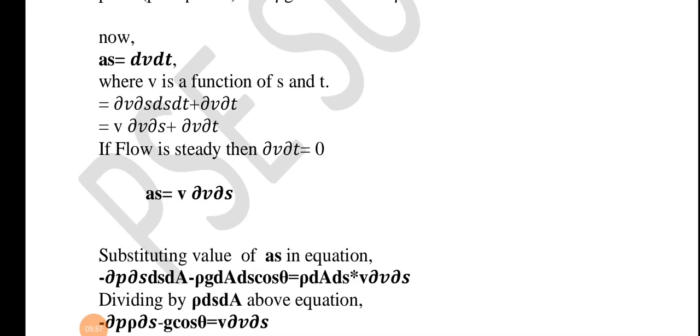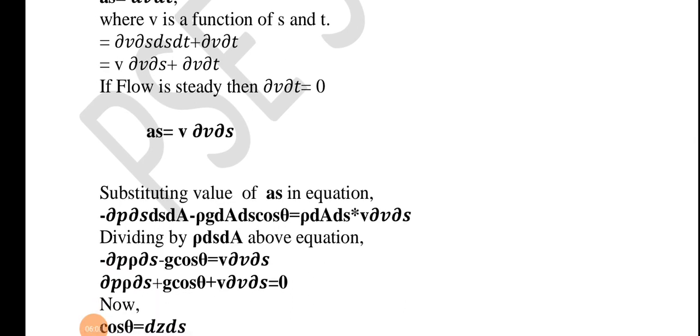Here ds by dt is the velocity component, so we can write v into del v by del s plus del v by del t. Here we consider a steady flow, so del v by del t equal to 0. What is the definition of steady flow? That is, the flow properties with respect to time are constant, not changing with time. So del v by del t equal to 0. So acceleration will be written as v into del v by del s.